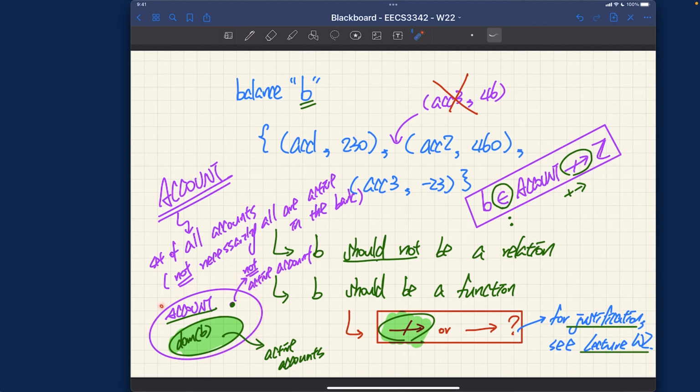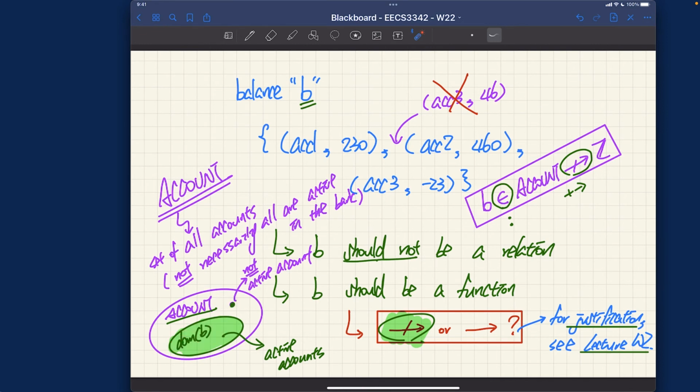I said the account is a carrier set, which includes even those accounts that may not be active. If A is only a member of account, how can you be sure that at runtime A is active? If A is being used to inquire the balance, then it will be undefined because A is not active. It's not in the domain of B, right?